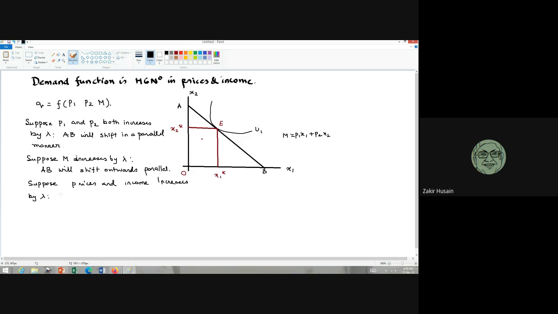What will happen to AB? There will be no change because lambda will cancel. So AB will remain the same. You can see that all of them have increased. So M is still P1 x1 plus P2 x2. So if the budget line doesn't change, will the equilibrium point change?